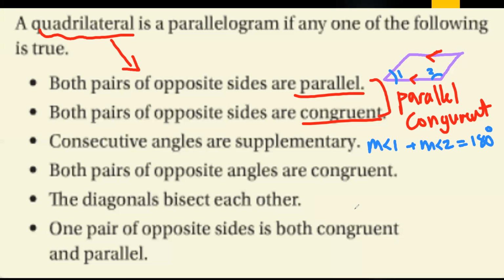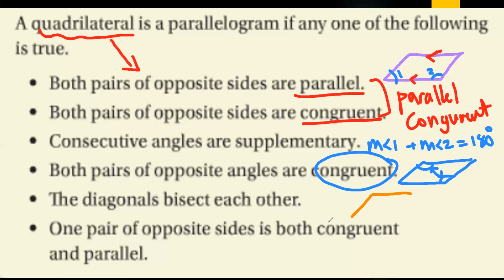Both pairs of opposite angles are congruent. So if I have now here this angle and this angle, the pair of opposite angles are congruent. The diagonals bisect each other. So if I have it like this, this diagonal bisects the other one.